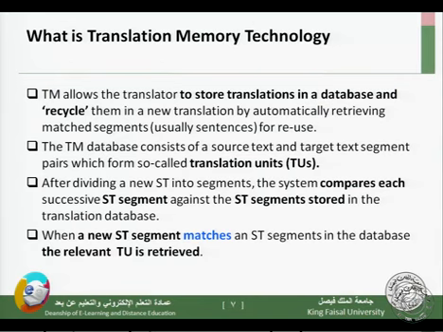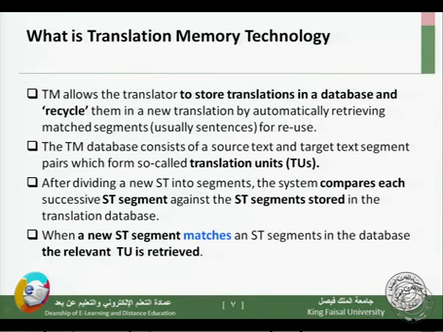This sentence from here, does it match with the source, and does it match with the target? If it does, then all right, we'll come to the matching idea later. This is how it works. So when a new ST segment matches an ST segment in the database, the relevant TU is retrieved.